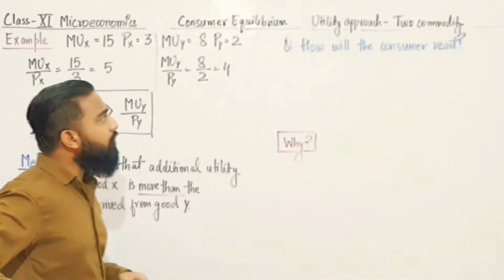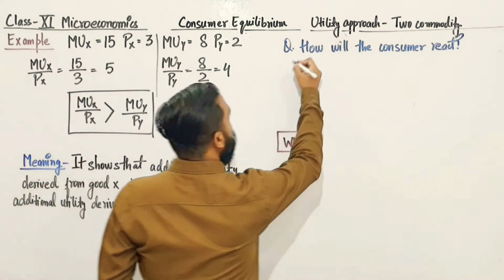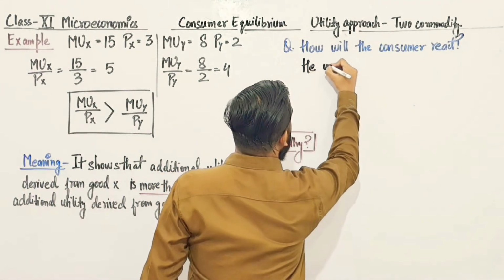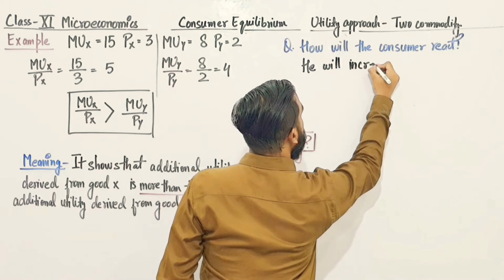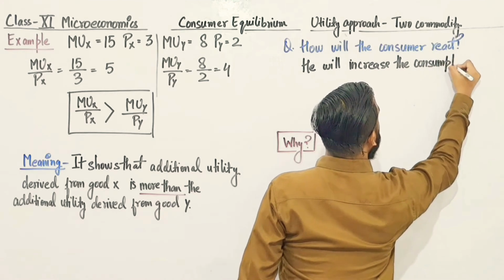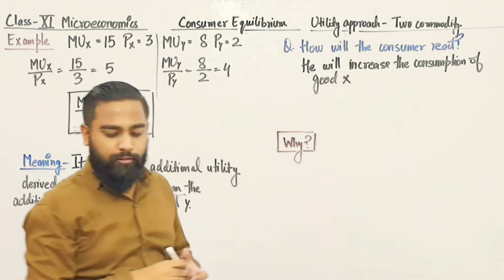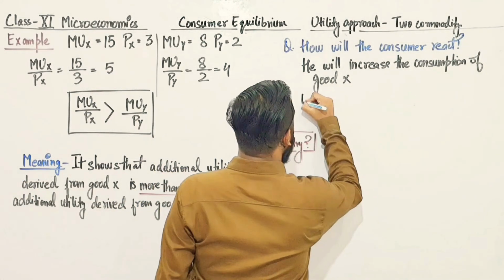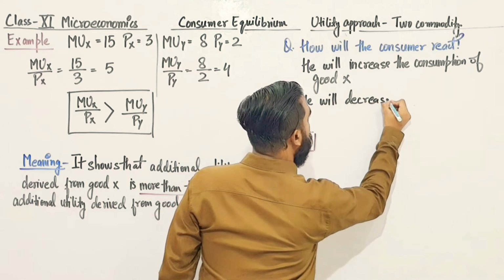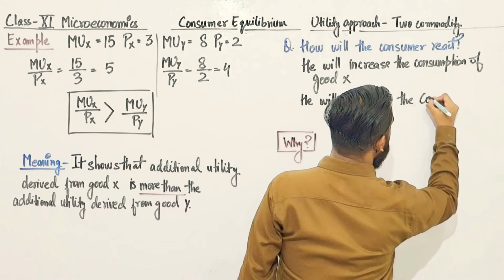Now, in this scenario, where the additional utility of good X is more than good Y, what is the consumer expected to do? Here the consumer will increase the consumption of good X, fine, and also the consumer will decrease the consumption of good Y. He could do both the things, or he could do one thing out of these two.